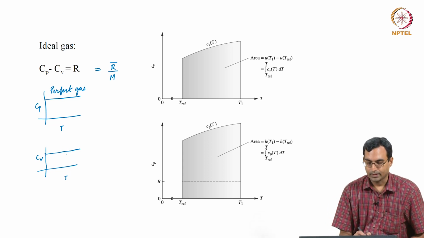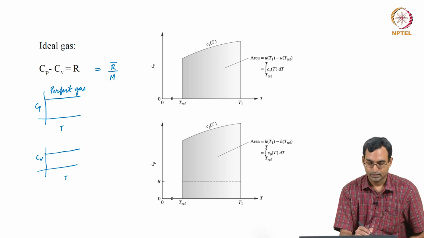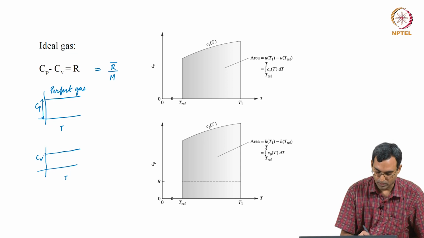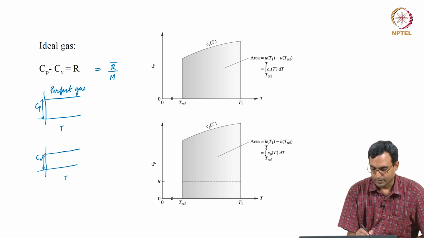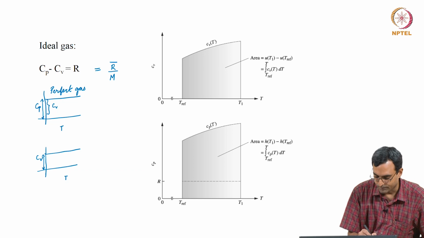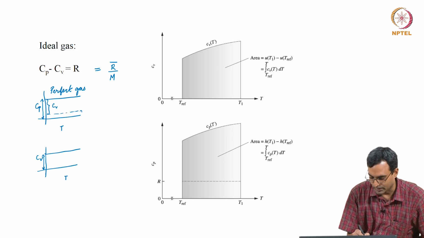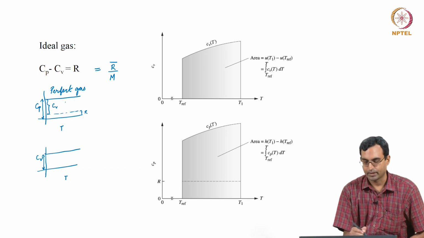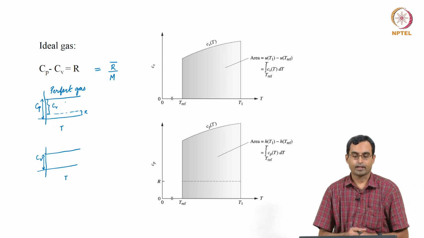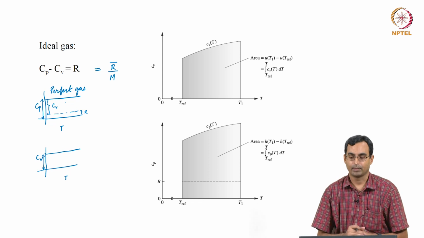And since Cp minus Cv is R, if this was the value of Cp and this is the value of R, then somewhere in between I could show the value of Cv here, and this gap must be R, because Cp minus Cv is R. So, Cp is essentially Cv plus R. I can show this for a perfect gas, and that must be true.